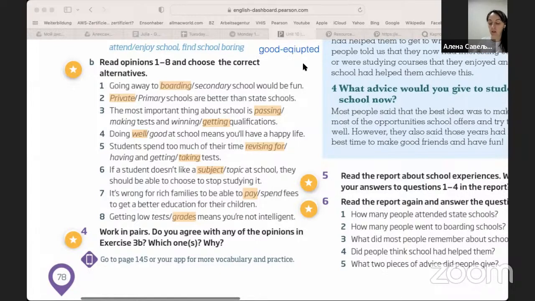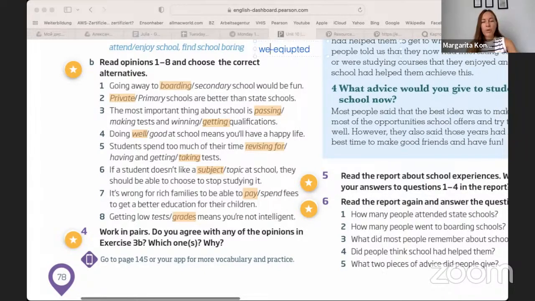So they are a little bit better equipped. What I mean is children have their private tablets, maybe laptops, some interactive whiteboards and so on. But on the other hand, many state schools are also very well equipped. Good. Yes, not good, but well. Sorry, Alon, well equipped.